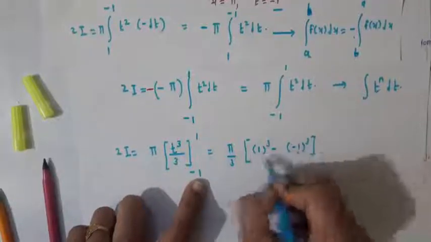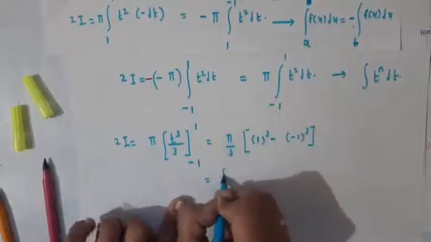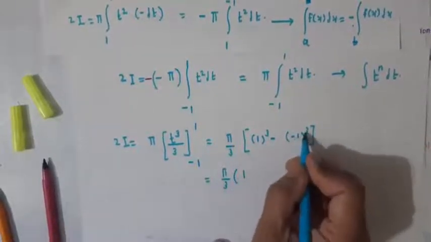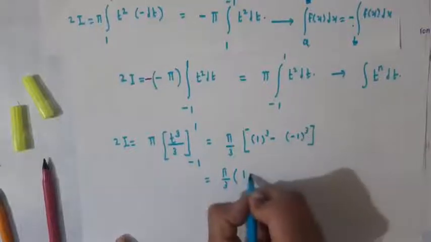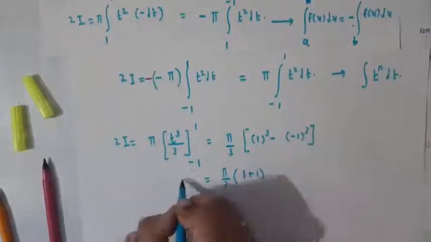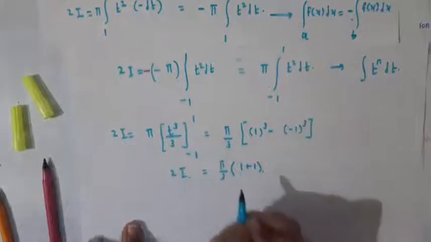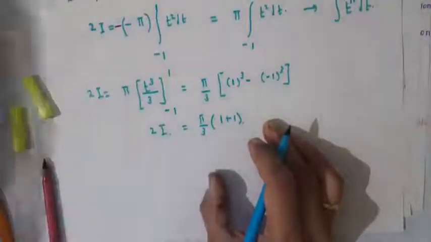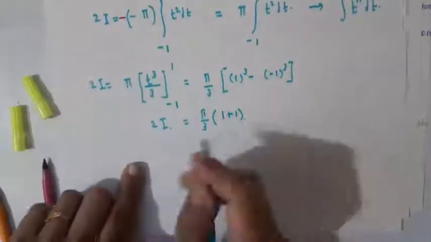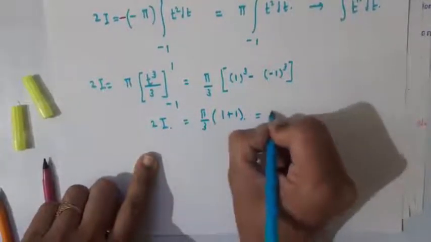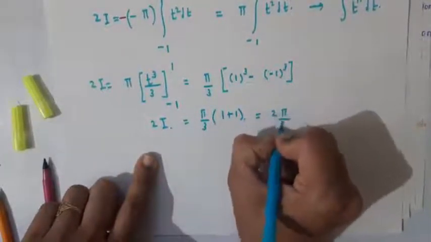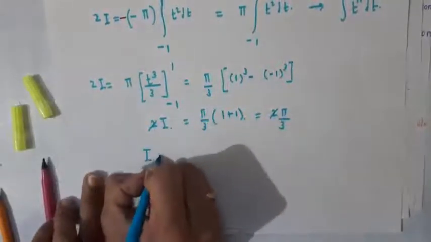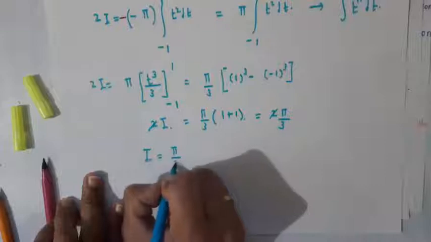This is upper limit minus lower limit, that is pi by 3 into 1 minus minus 1, that is 1 plus 1. Hence 2I equal to 2 pi by 3. So these 2 and these 2 get cancelled, and integration I equal to pi by 3.